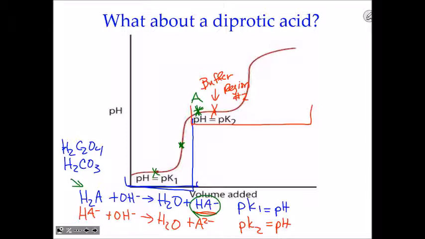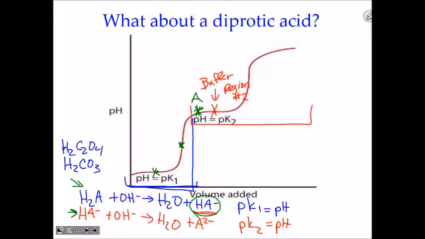He is correct. So now we're starting out with HA minus. We've added a little bit of hydroxide because we're already in the buffer region. So that means we have mostly HA minus, but there's a little bit of A minus 2 there at this point. That makes sense because a little bit has been neutralized.